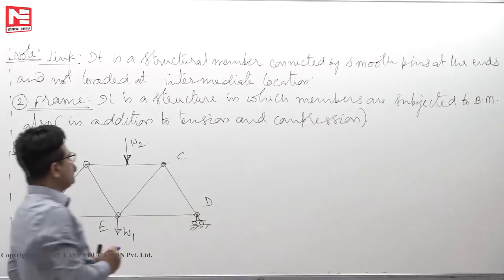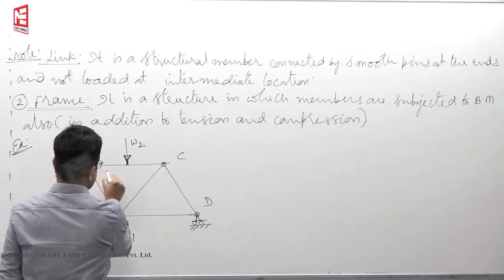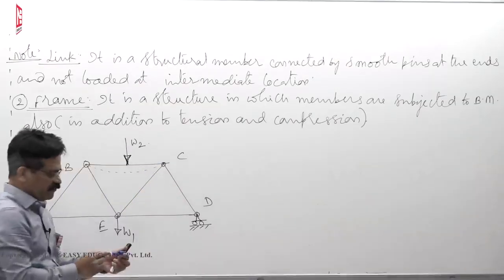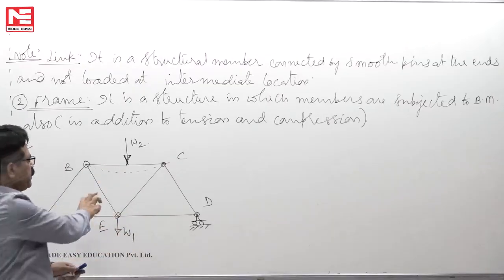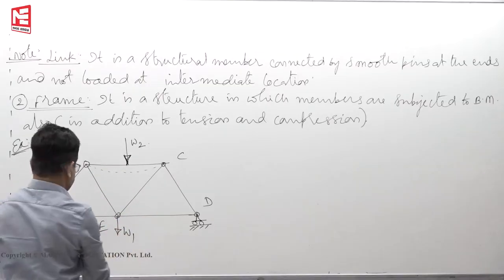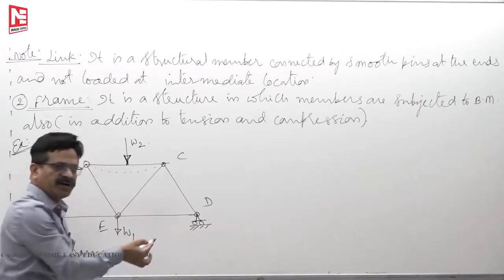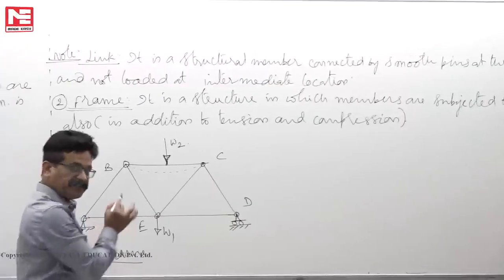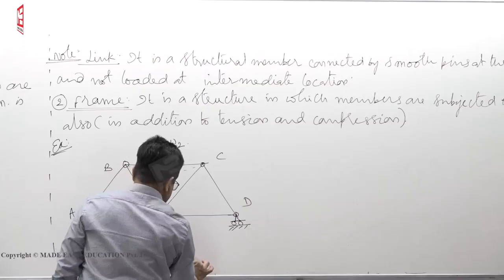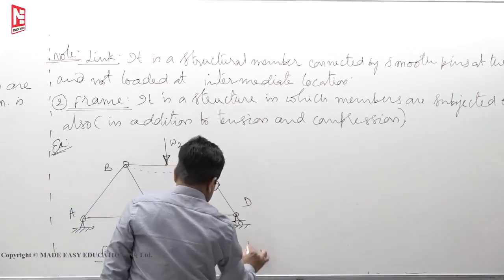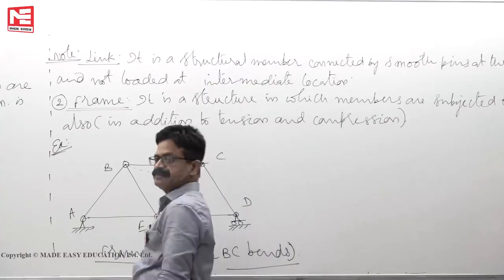Like this, if you apply load on the member itself, naturally it will bend. That's what in strength of materials you have studied. Once there exists a bending moment in any part of the structure, we cannot call it as a truss, it becomes a frame. Now this is a frame, maybe a pin jointed frame, okay, but frame it is. Member BC bends. That's why it is called a frame.